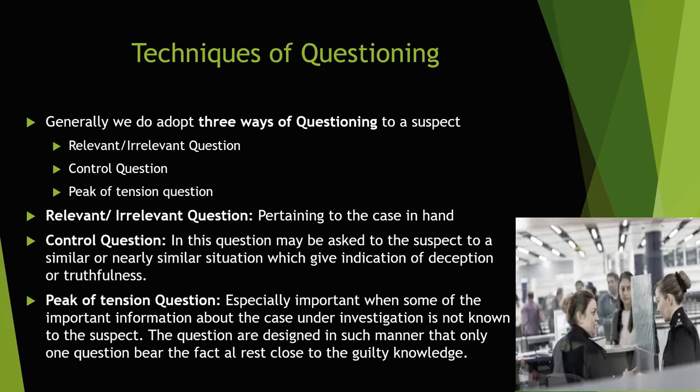Some of the techniques of asking questions to the suspect for the analysis of the polygraph. We have generally three ways of questioning. First, relevant or irrelevant questions. These are asked when the suspect has complete knowledge of the investigation or of the crime for which he is being arrested. And then the control questions. In these questions, we ask quite similar situations, which give an indication of deception or truthfulness.